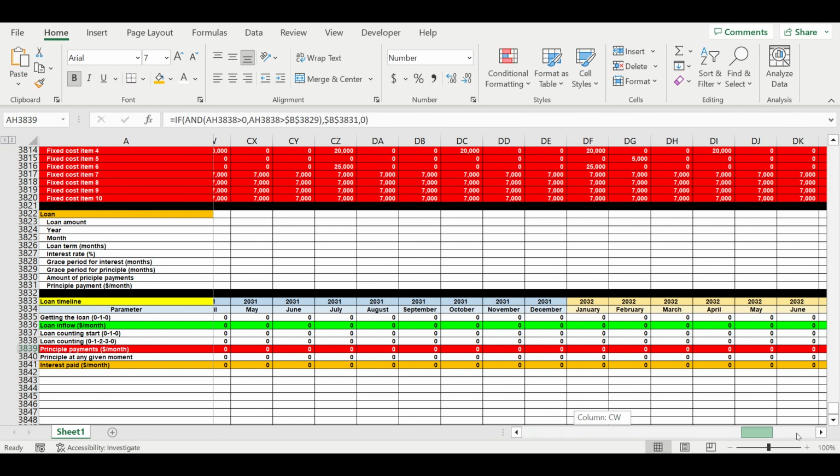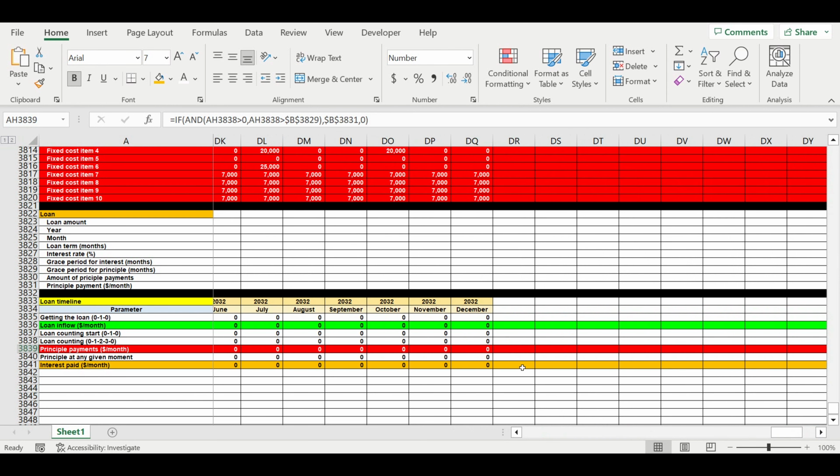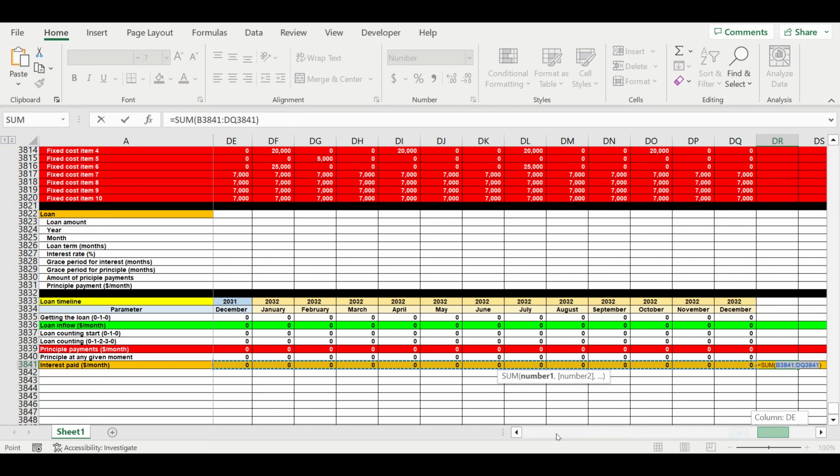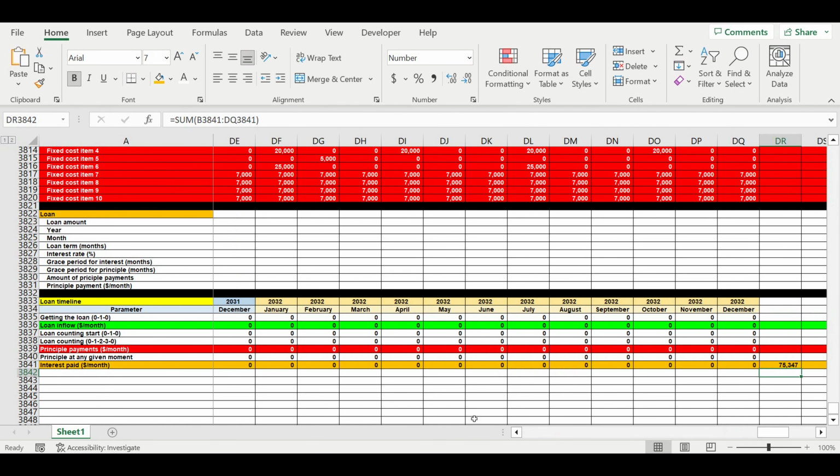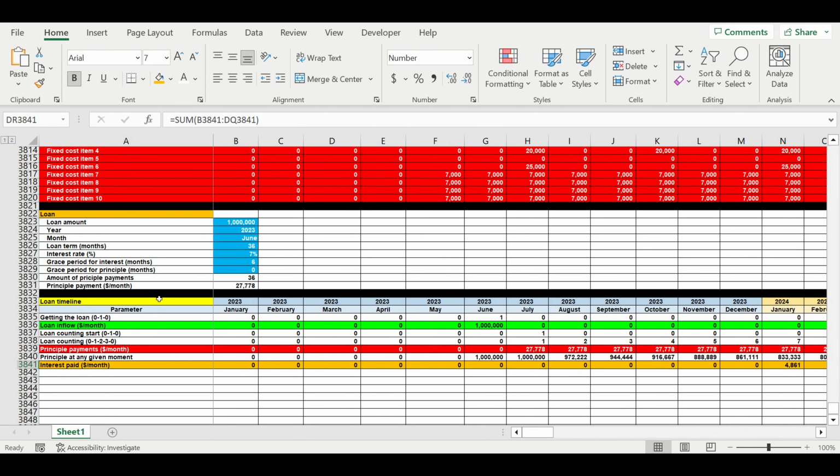So first of all, let's calculate the total amount of interest paid. So this is the amount of interest paid.